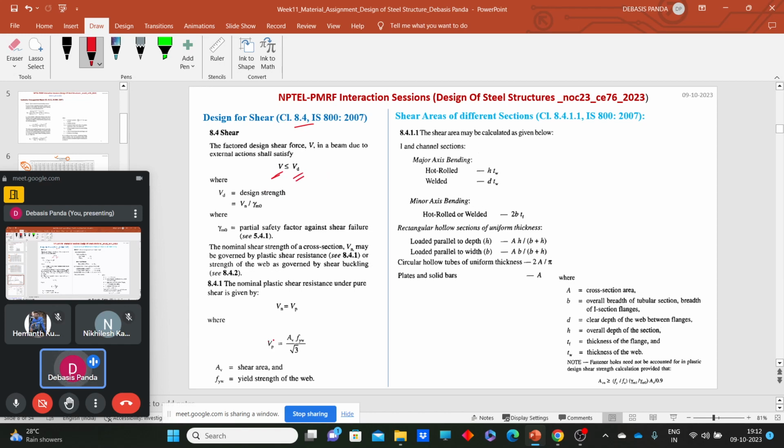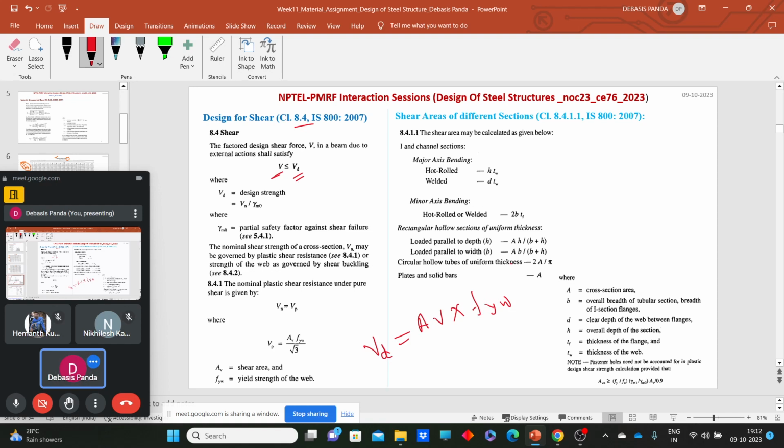And how can we calculate the design shear capacity? The design shear capacity VD should be nothing but AV, that means the shear area, multiplied by FYW. Obviously the web portion will take care of the shear, so that's why we are considering the yield strength of the web.